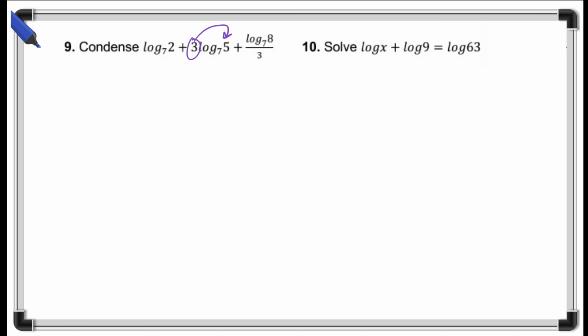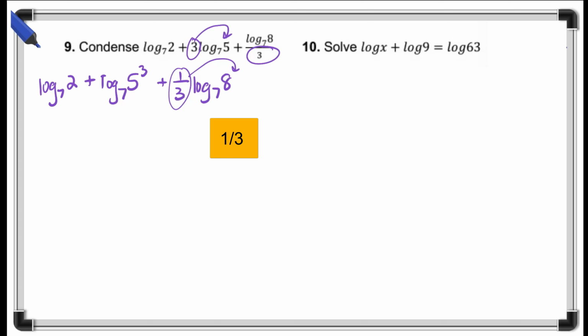So this will be log base 7 of 2, and then plus log base 7 of 5 to the 3rd power, and then we're going to add, so the divided by 3 really becomes the 1/3, log base 7 of 8, and then that 3 becomes the exponent on that 8. So this is really log base 7 of 8 to the 1/3.